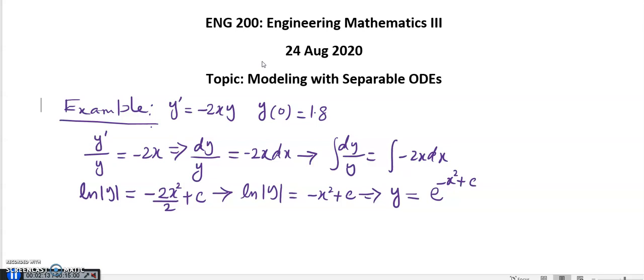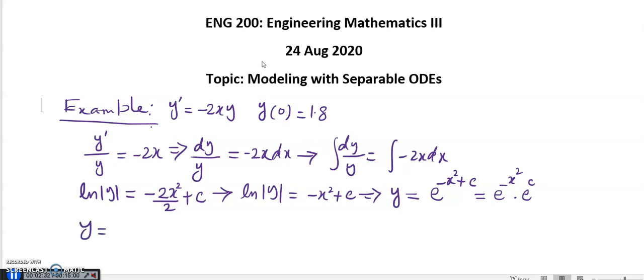And I can further simplify it, because e power minus x square plus c is the same as e power minus x square times e power c, and e power c is also another arbitrary constant.